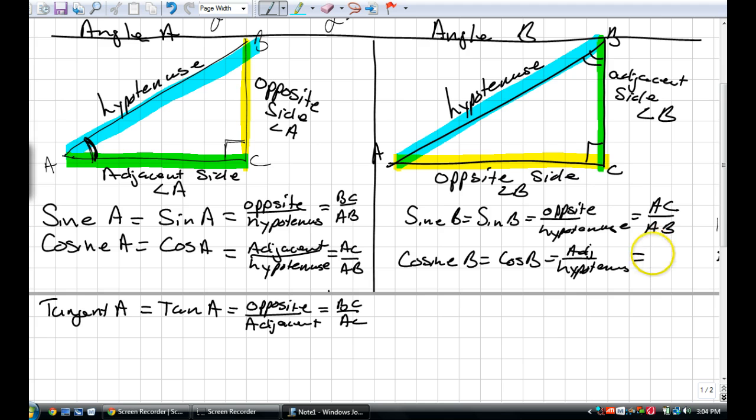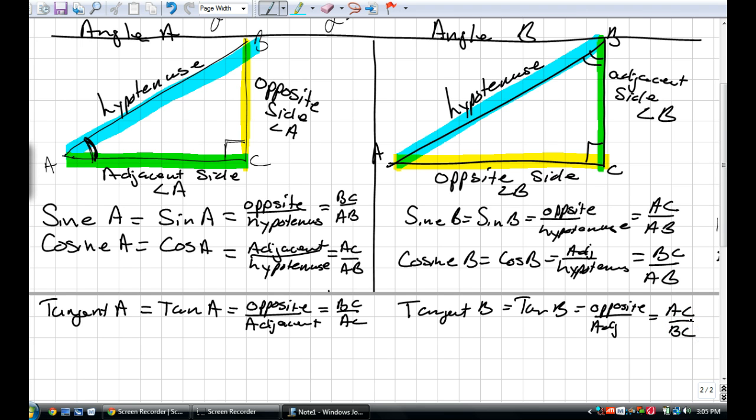So that's BC over AB. And the tangent of angle B is going to be the opposite over adjacent, so that's AC over BC.